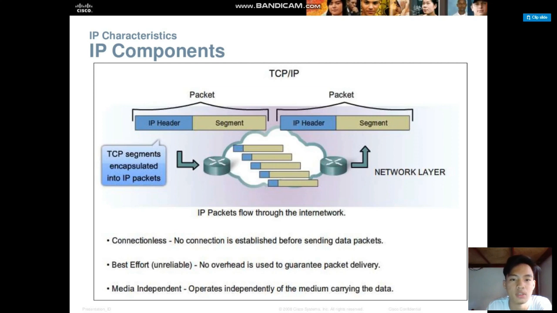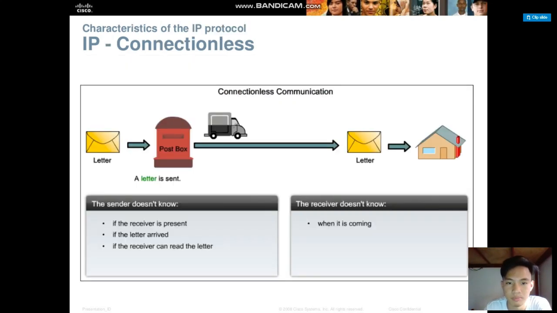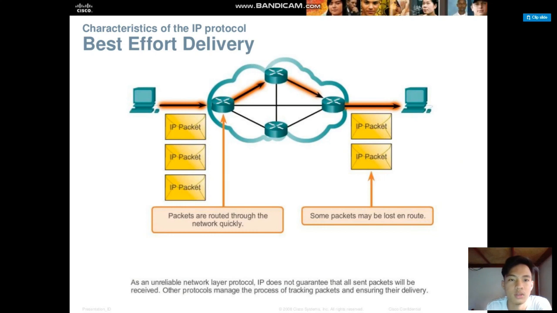So IP components, TCP/IP. This is an illustration of TCP/IP packets. IP is connectionless, and this is an illustration of connectionless communication. It is best effort delivery. Packets are routed through the network quickly, and some packets may get lost in route.